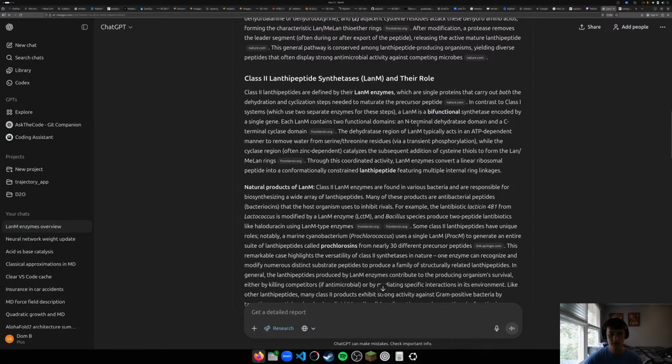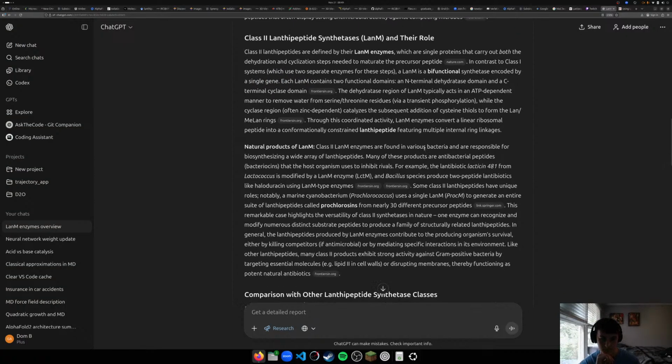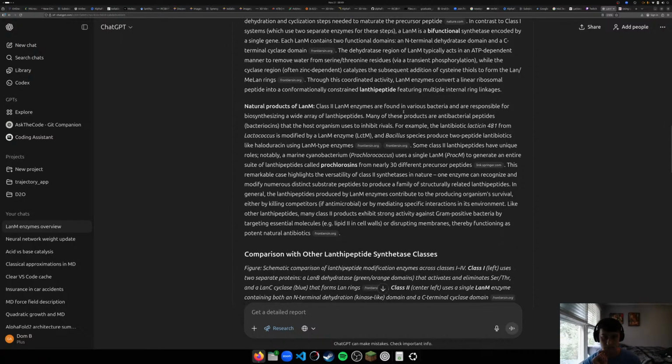LanM is a bifunctional synthetase encoded by a single gene. It has two functional domains. Class 2 are found in various bacteria and are responsible for biosynthesizing a wide array of lanthipeptides. Many of these products are antibacterial peptides, bacteriocins, that the host organism uses to inhibit rivals.